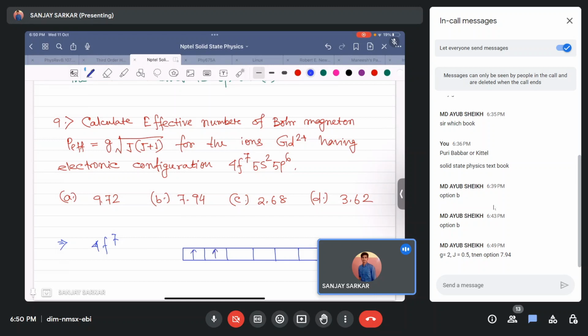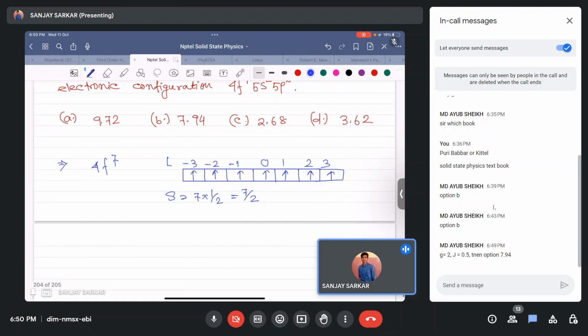So 7 electrons will be in the 7 orbitals this way, so all of them are unpaired. These are minus 3, minus 2, minus 1, 0, 1, 2, 3, the L values, and S is 7 into half, that is 7 by 2.